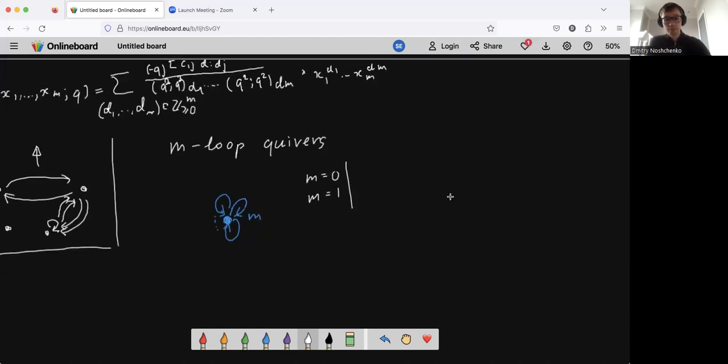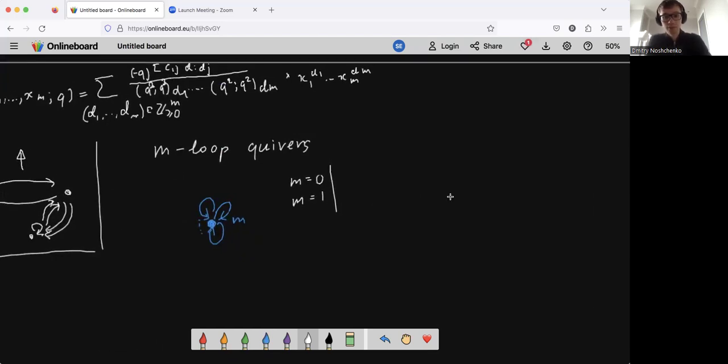In fact, these are special cases, and you will see in a moment why they're very special. So let's just write the motivic generating function, first in general for general m.